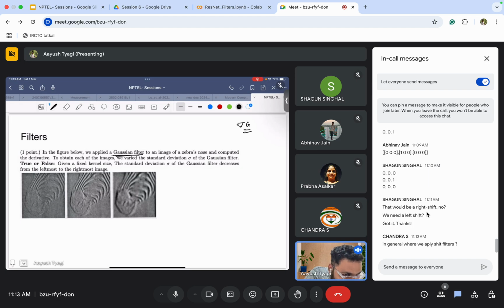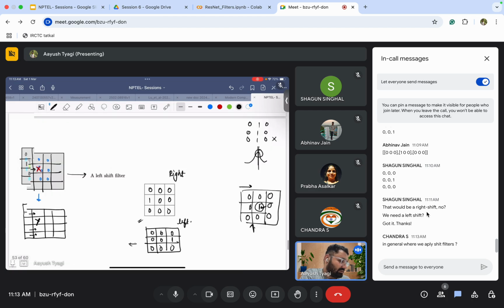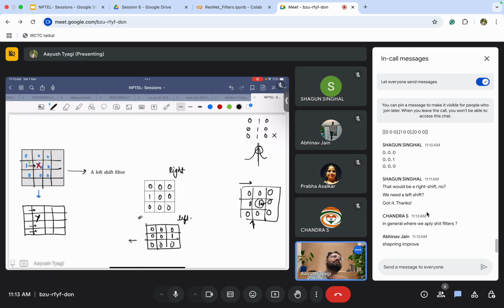In general, where do we apply shift filters? For some sort of image manipulation. So these shift and rotation filters are basically applied whenever image manipulation is required.